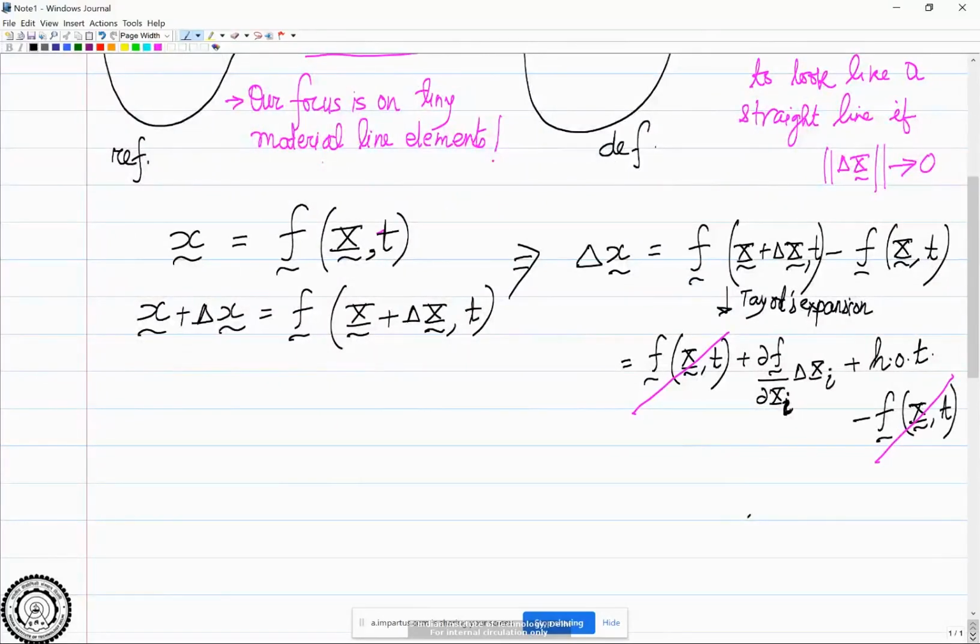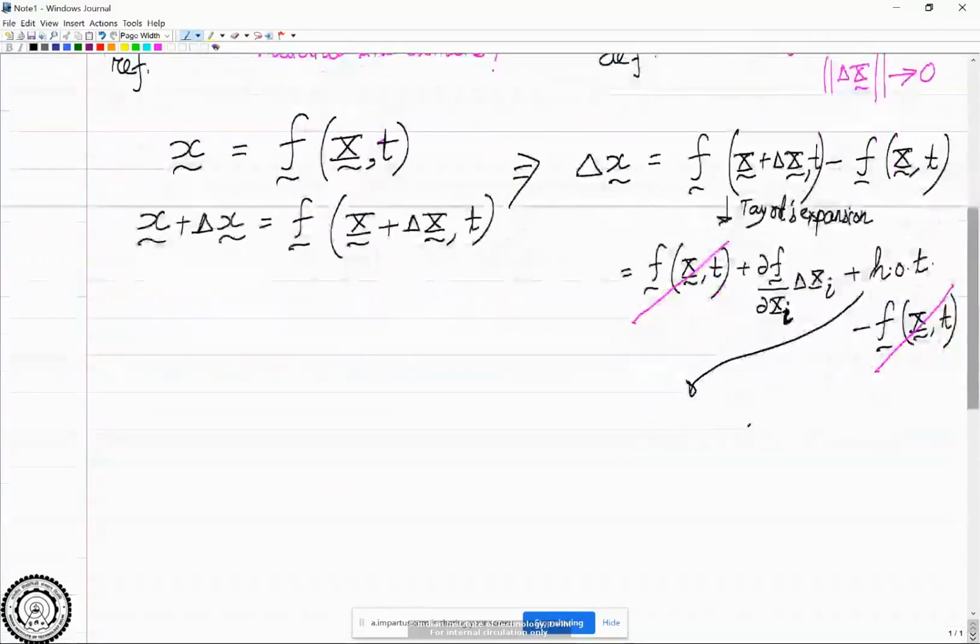Now let us try to explore this higher order term. What is this really equal to? So what will be the next term in the Taylor series? We have to take the second derivative, isn't it?